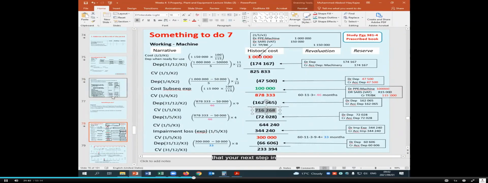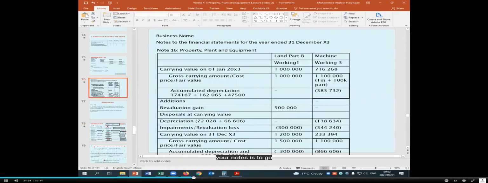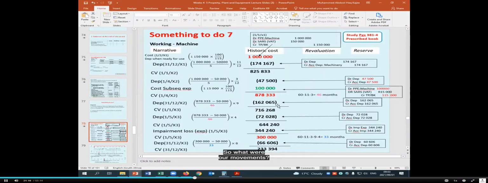Right. Your next step in your notes is to go and process any movement for the year. So what were our movements? The first movement was depreciation. Second movement was impairment. Third movement was depreciation again. Right. So let's go and process the depreciation.